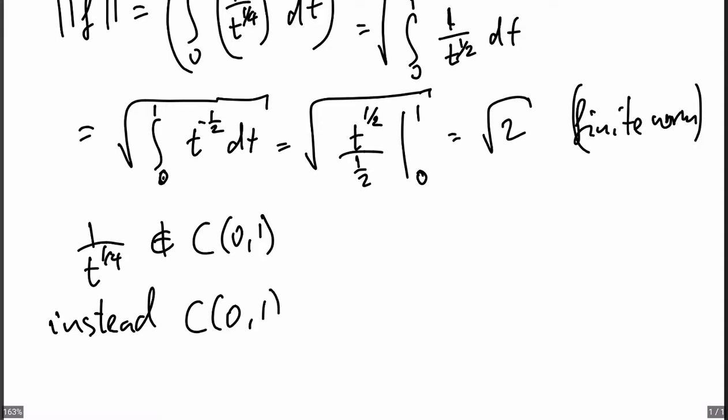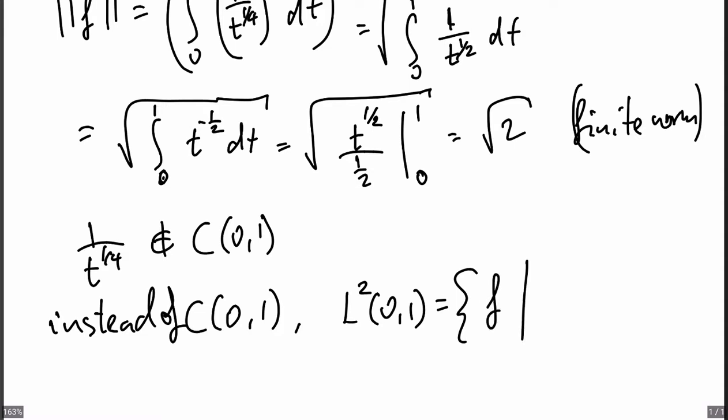So then many times what we do is, instead of writing continuous functions with this norm, we just say that the L2 of 0-1 functions are all the functions such that their norm is finite.